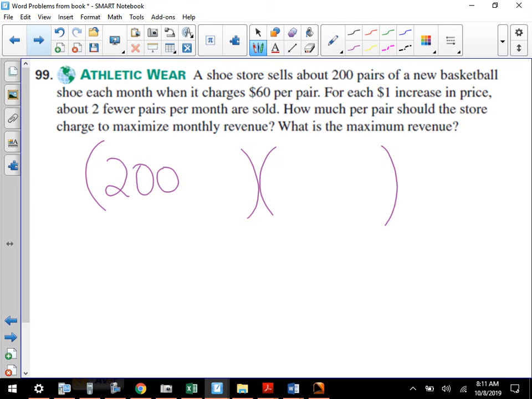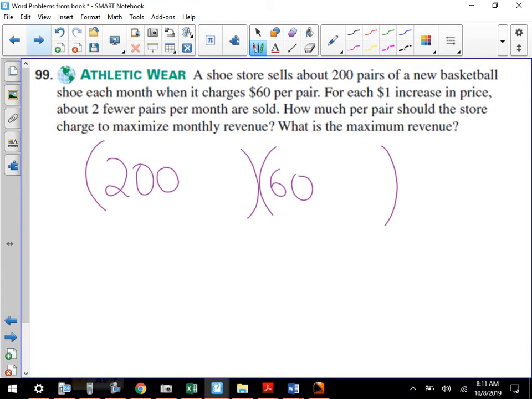If I multiplied those two together, it would tell me how much money you make off of those shoes, how much money income you brought in. Not talking about profit or anything here, it's just how much money you're bringing in.